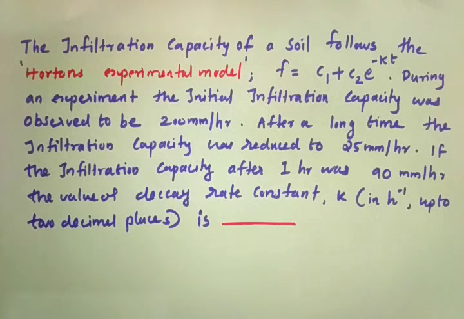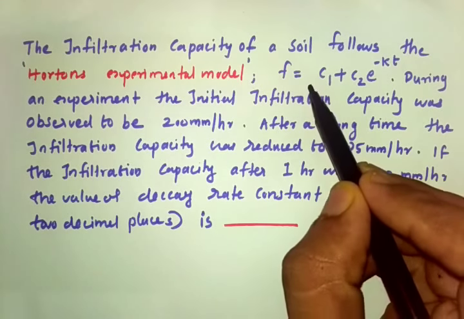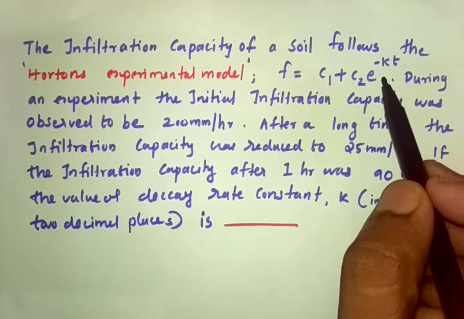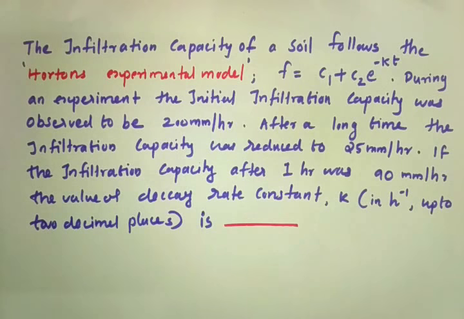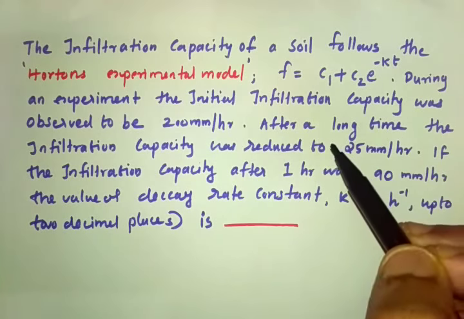The infiltration capacity F is a function of C1 and C2, F = C1 + C2 e^(-kt), where k is the decay rate constant, t is the time in hours, C1 and C2 are constants, and F is the infiltration capacity.